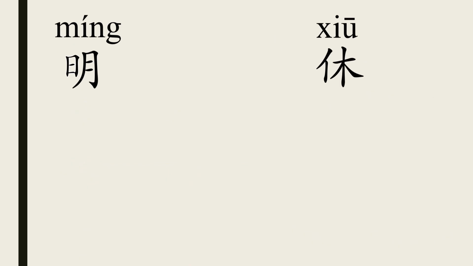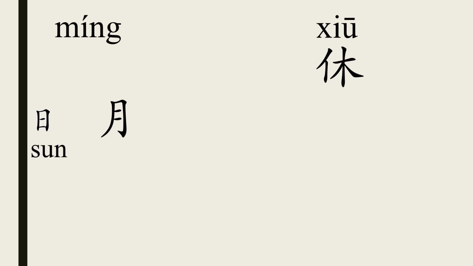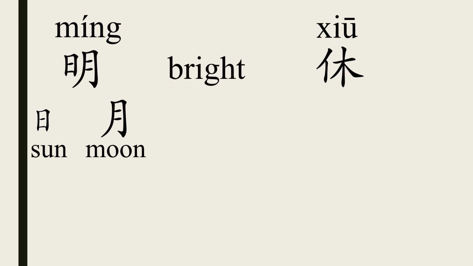To create characters with more complex meanings, people combine different single characters. For example, 明 consists of 日 and 月. 日 means sun, 月 means moon, and together 明 means bright.